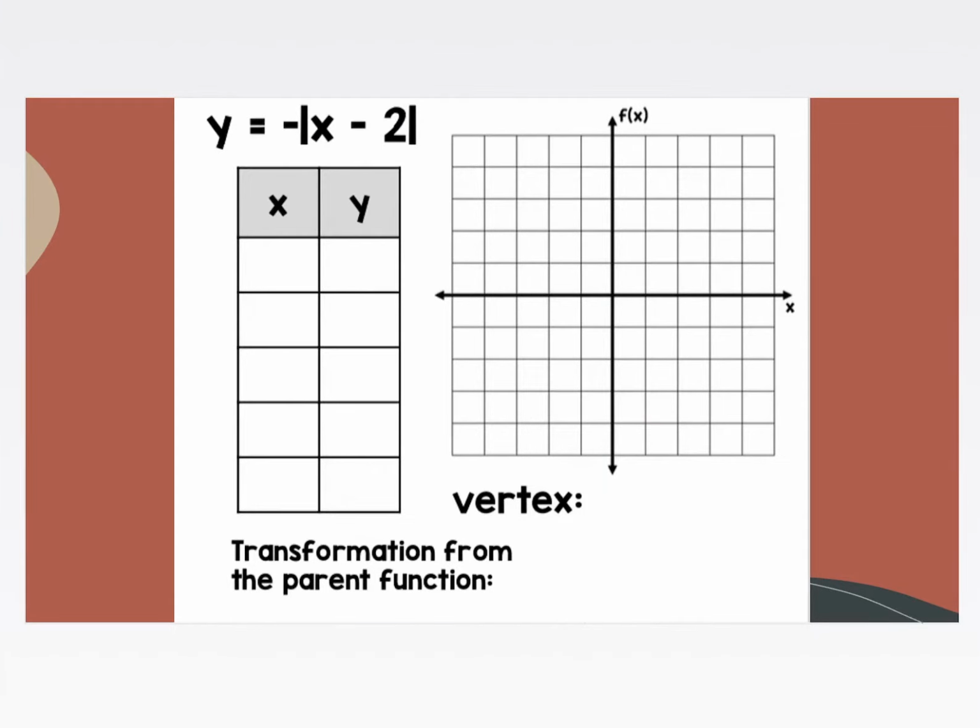Next, if we have y equals negative times the absolute value of x minus 2, from this we can identify our vertex because this is the same thing as adding 0 on the outside. So my vertex here is 2, 0. Also noting from this, it's reflected over the x-axis because we have this negative sign in front. And also from our vertex, if we just want to plot that, we're shifted over 2 units to the right.